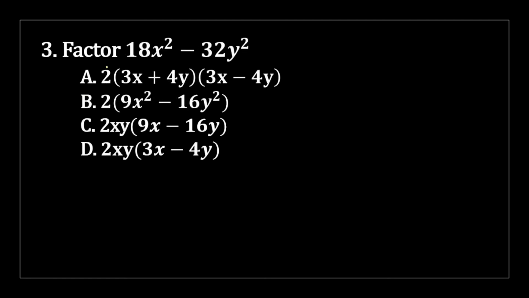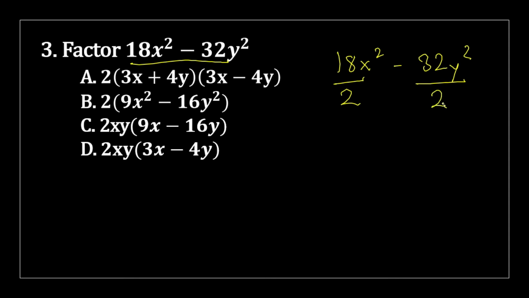Number 3, factor this expression again. So we have 18x squared minus 32y squared. Again, look for a common monomial factor. In this case, the common monomial factor is 2 because 18 is divisible by 2 and 32 is also divisible by 2, and no variables are common to both terms.